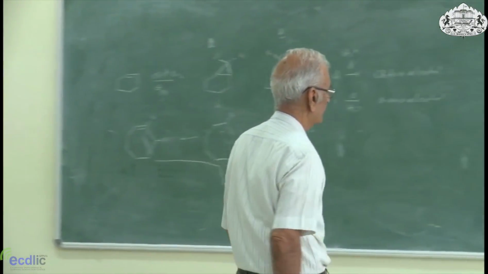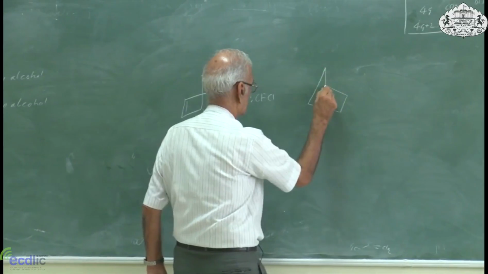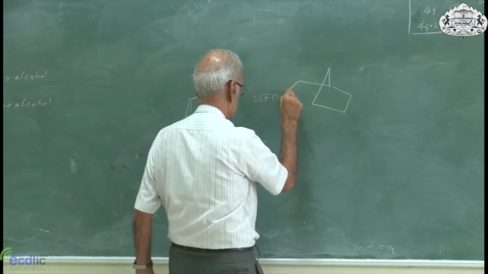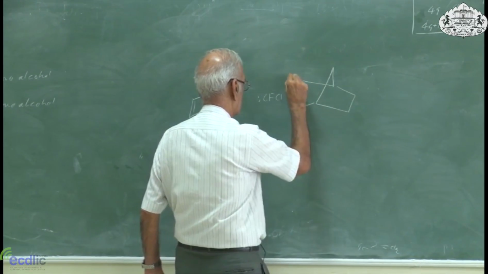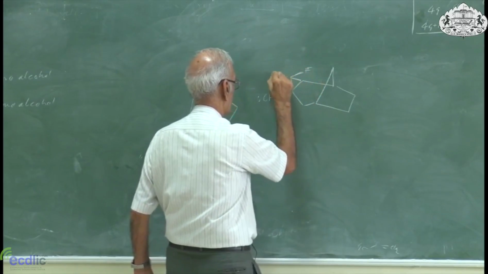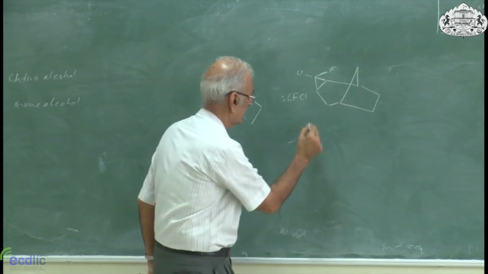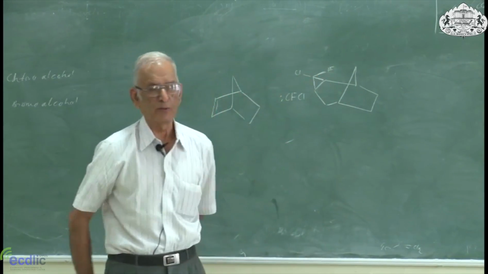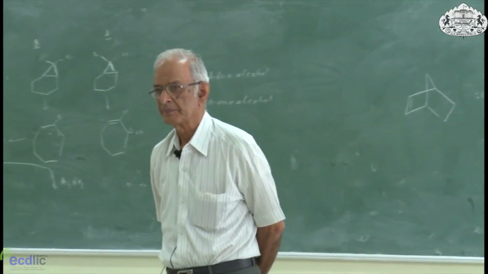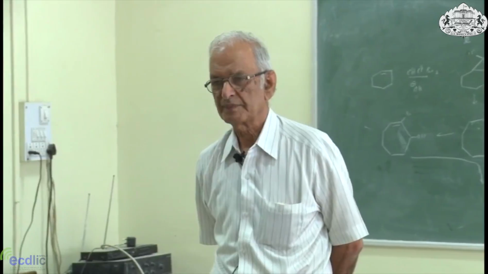One will have fluorine towards the ring, other will have chlorine like this. In one case, fluorine will be endo, in one case, chlorine will be endo.